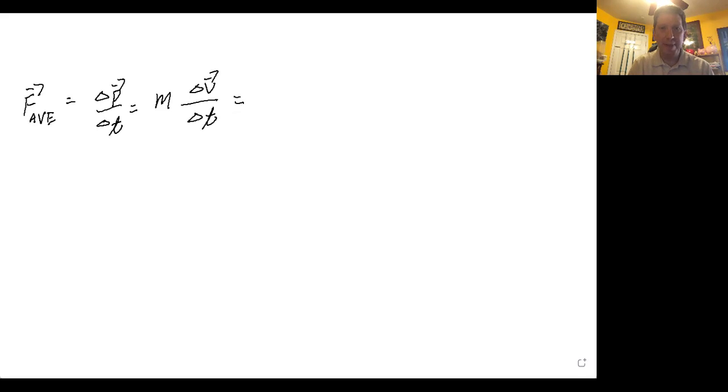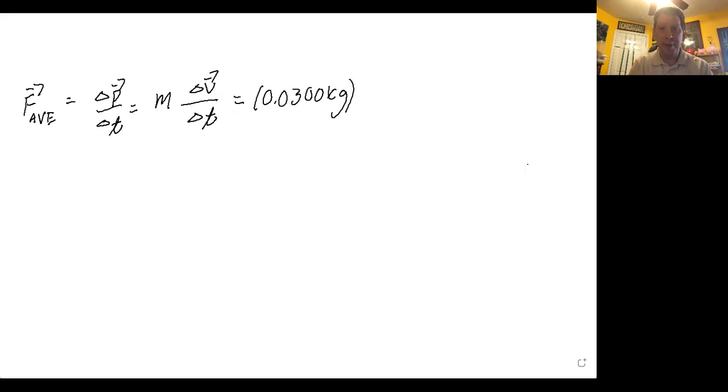The mass is, and this is problem 7 in the book, 0.0300 kilograms, or 30.0 grams.